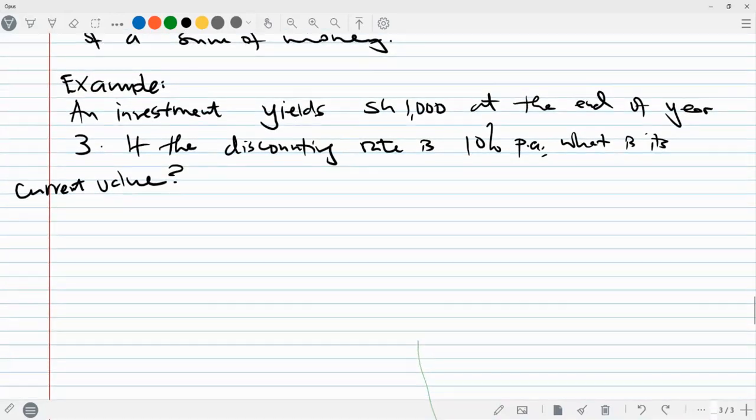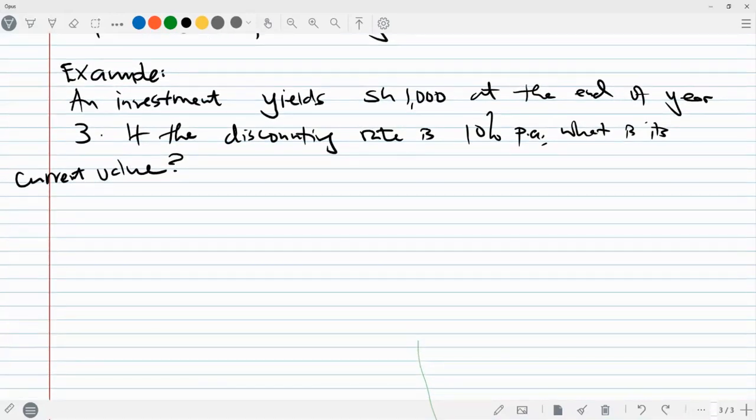So you have an investment that yields 1,000 shillings at the end of year 3. If the discount rate is 10% per annum, we want to get the current value of this sum of money, this 1,000 which you'll be getting in year 3. Don't forget, you only get it once.